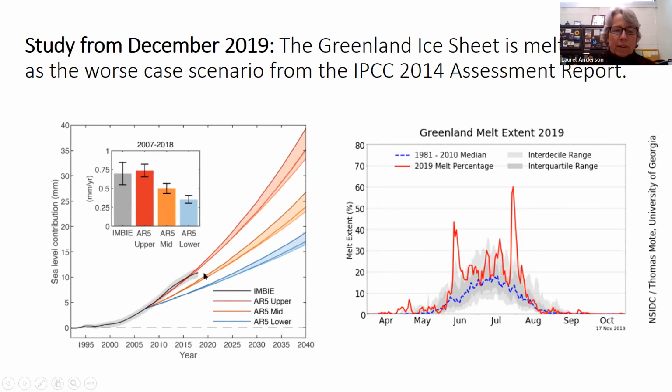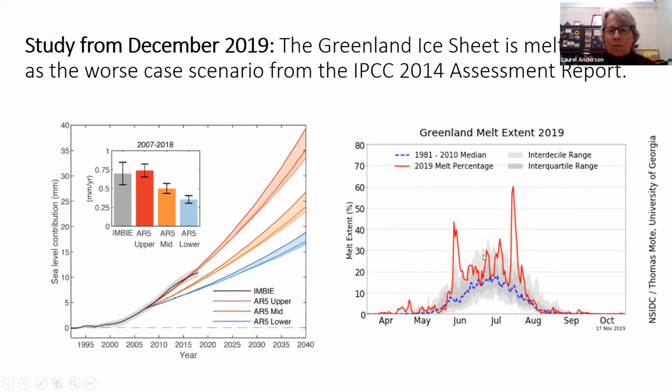So these are predictions that were made, and notice that our black line is basically tracking the highest prediction. So basically the Greenland ice sheet is following our worst case scenario prediction for how it's contributing to global sea level rise. And this is just another way of showing that same information over here. We have the long-term median amount of ice in Greenland.